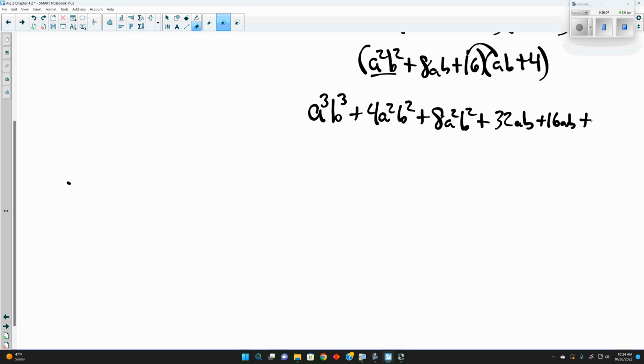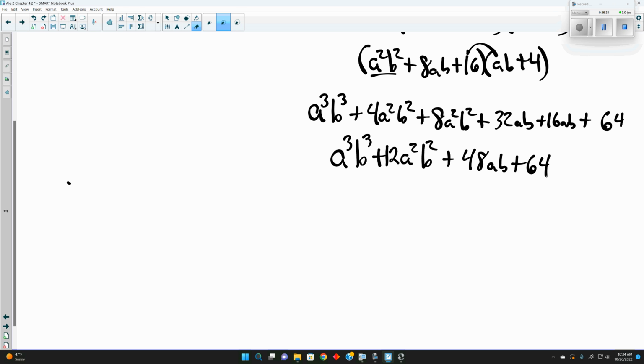Well, 16 times 2 is 32. 32 plus 32 is 64, which would give us a cubed b cubed plus, not 4, because 8 and 4 is 12, b squared plus 32 and 16 is 48ab plus 64.